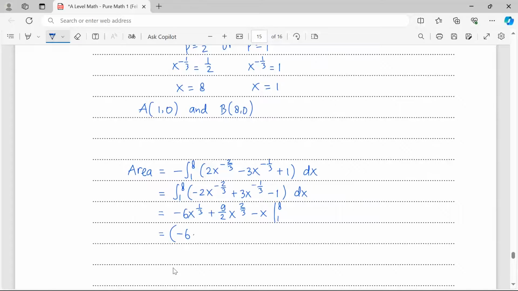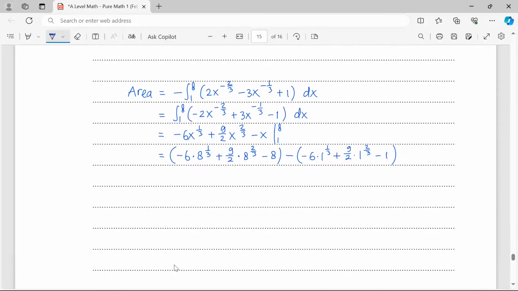So negative 6 times 8 to the power of 1/3 plus 9 over 2 times 8 to the power of 2 over 3, and then minus 8. And then minus, you do the same thing but now with x equals 1, the lower limit. So this is negative 6 times 1, and then 9/2, and then minus 1.